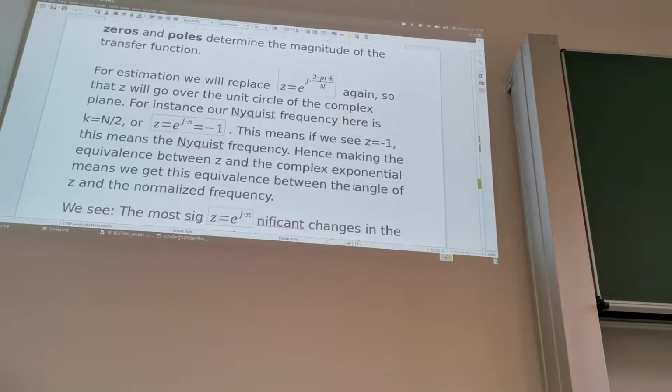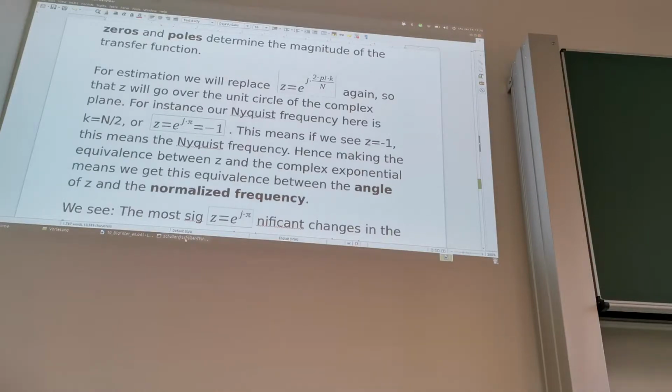So here angle and normalized frequency. Yeah. So this is the important point, it tells us the normalized frequency.